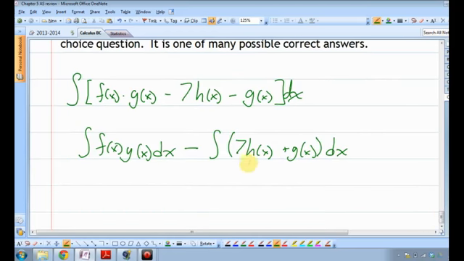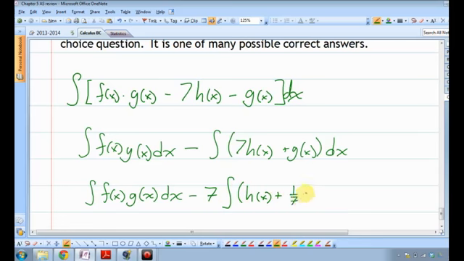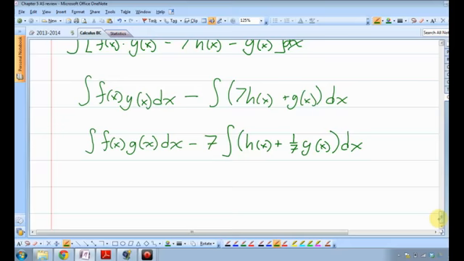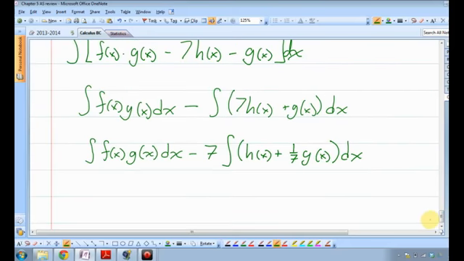And then we factored out a 7: minus 7 integral of h of x plus 1/7 g of x dx. Again, this is just one of many possible correct simplifications. This is the one that happened to work.